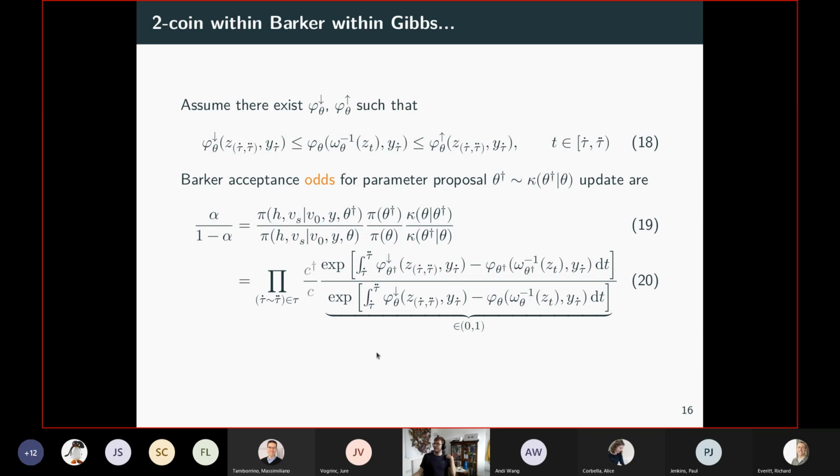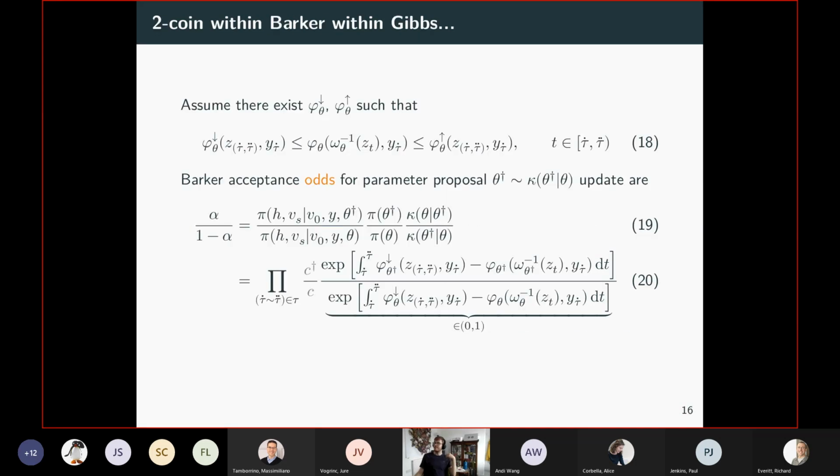And this gives us an expression in terms of, again, ancillary constants C for both the proposal and the state that we can evaluate exactly. And it gives us these intractable probabilities in the numerator and the denominator of the odds. And since we assumed that we had a lower bound, we can just shift the path integrand to make sure that this is actually a probability.